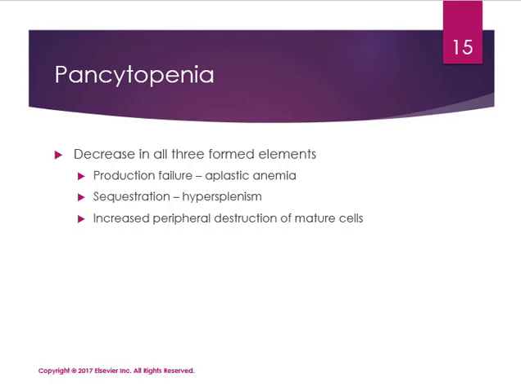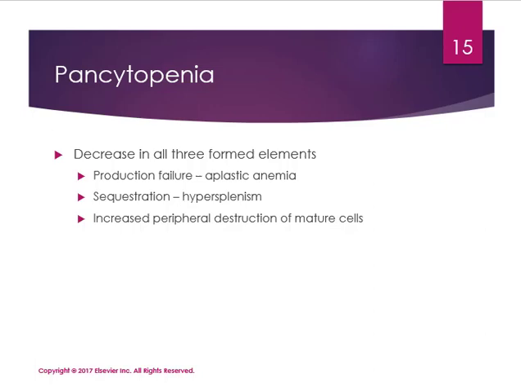That could be production failure, where the bone marrow is not producing as it should, such as aplastic anemia; sequestration, where the spleen is overactive and removes blood cells too early and too quickly from the body; and increased peripheral destruction of mature cells, which can be associated with infections and some medication use. So if you're seeing pancytopenia in your patient, that is a referral to a pediatric hematologist.